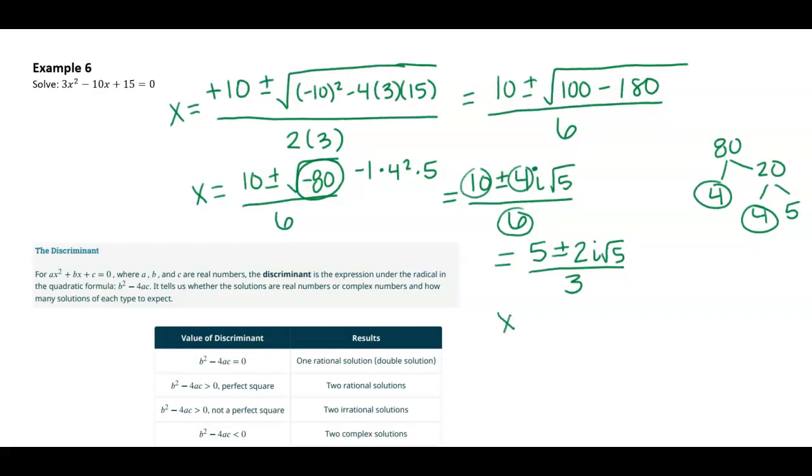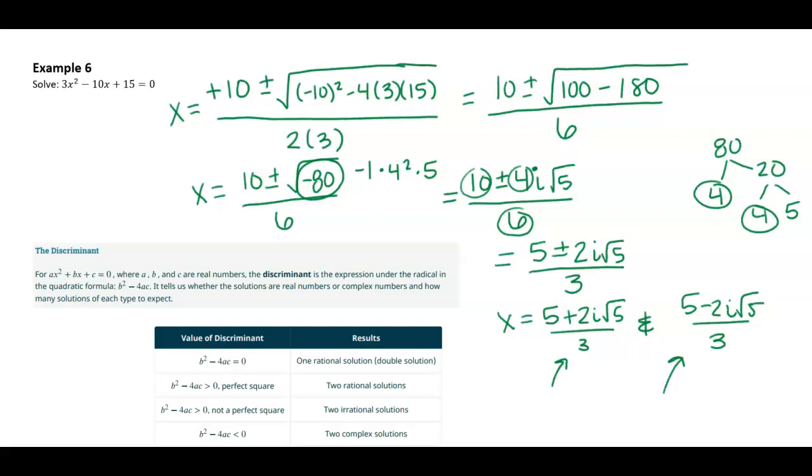Just like we wrote before, you could then write both the positive and the negative as 2 separate zeros. Notice that my 2 solutions in this case are complex numbers. We'll talk a little bit more later when we talk about graphing quadratics, why it's going to be the case. But notice we don't have any real roots.